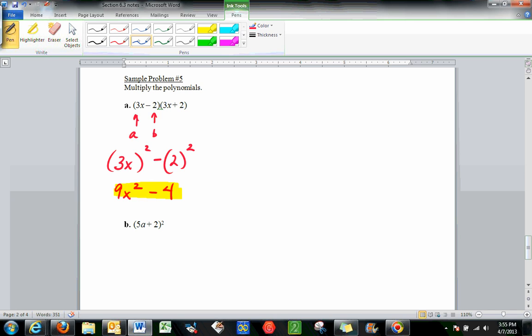Now, if I were working it in the distributive property method, I would have 3x minus 2 and 3x plus 2. And of course, this would just be a simple FOIL problem since it's 2 binomials. So 3x times 3x is 9x squared. 3x times 2 is a positive 6x. Then we would distribute the other part. Negative 2 times 3x is going to give us negative 6x.